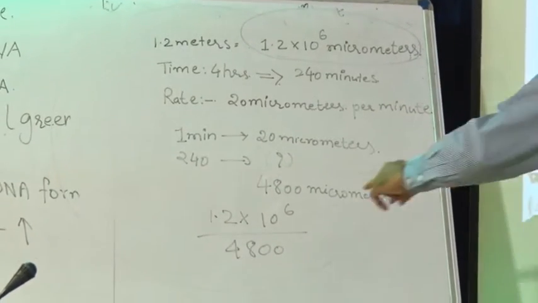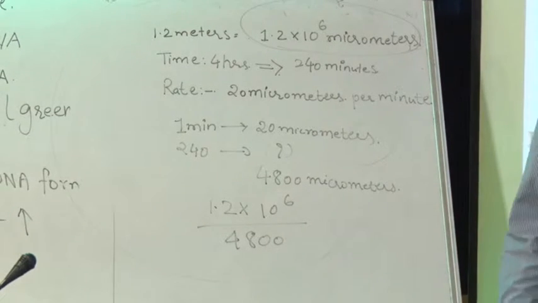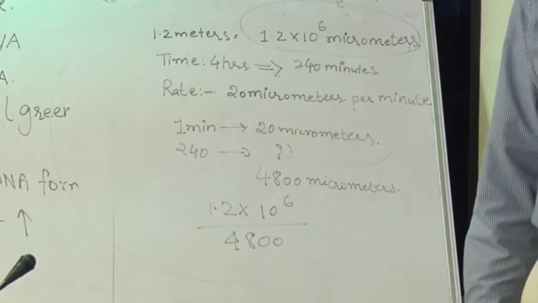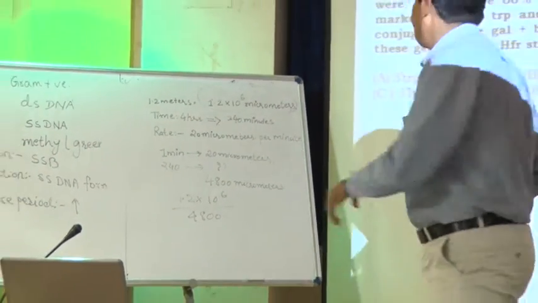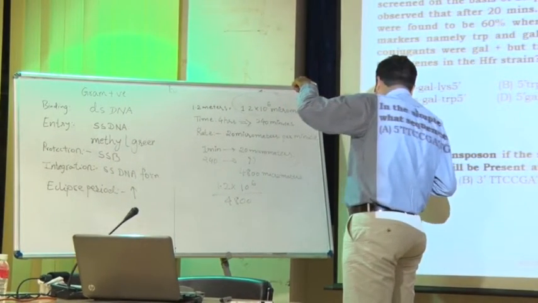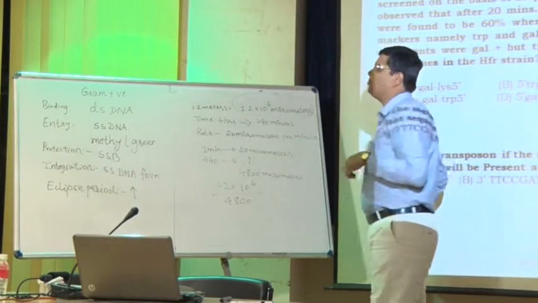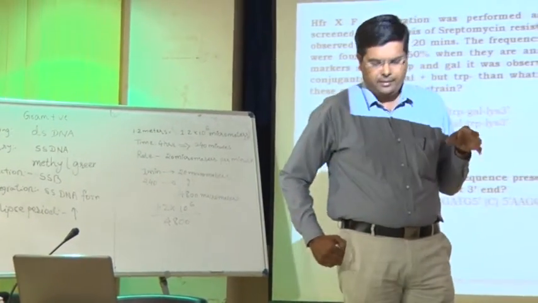So 1.2 into 10 raised to 6 divided by 4800, that comes to 250. So we need 250 origins of replication if we want to completely replicate 1.2 into 10 raised to 6 micrometers of DNA. ठीक है?